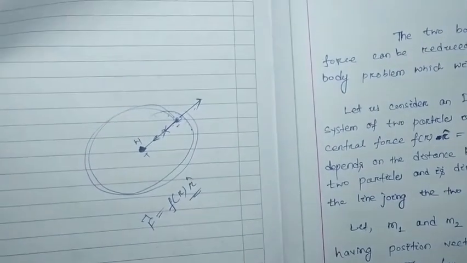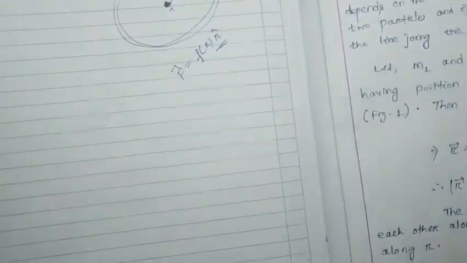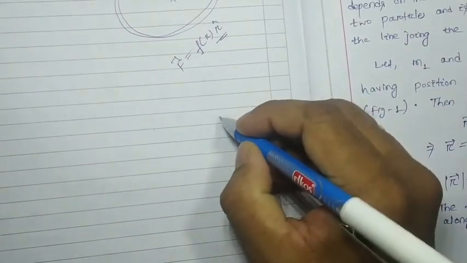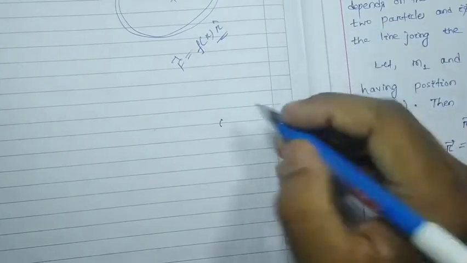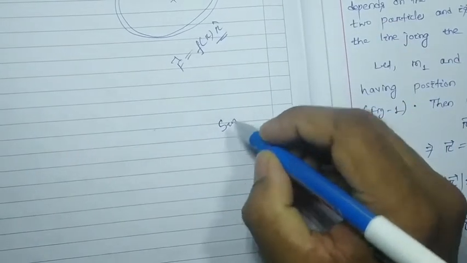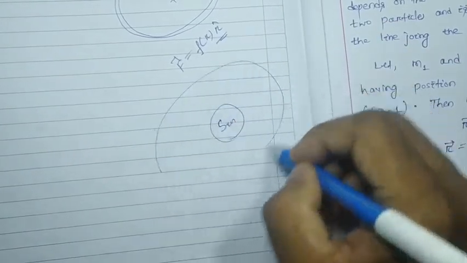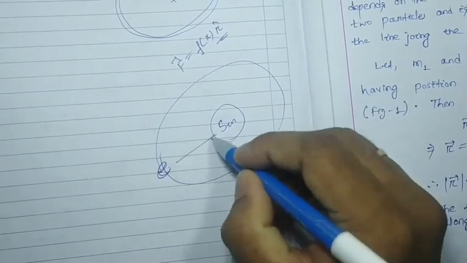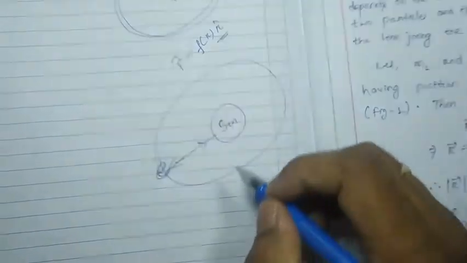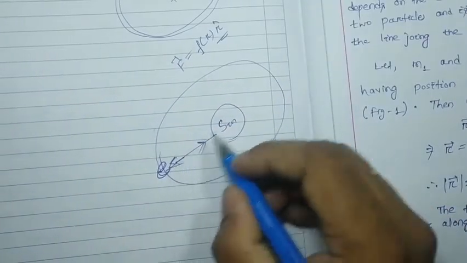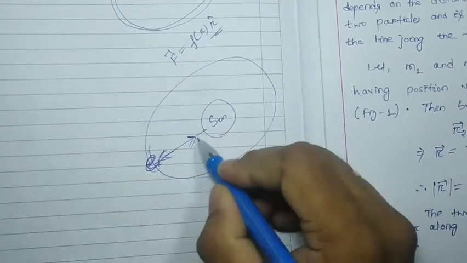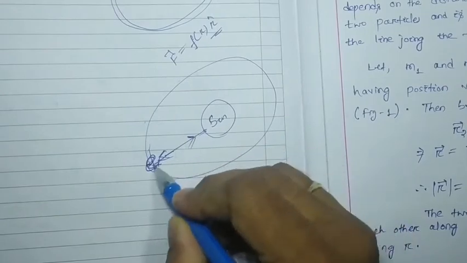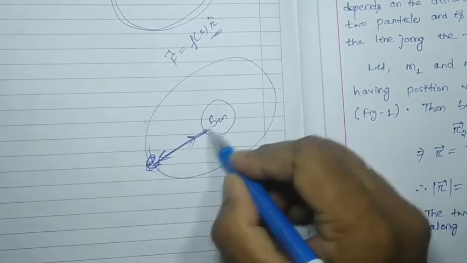Likewise, we can consider another central force motion, or central field motion. We can say the earth is rotating around the sun. This is the gravitational attraction between sun and earth, and this force between sun and earth acts along a line towards the center.